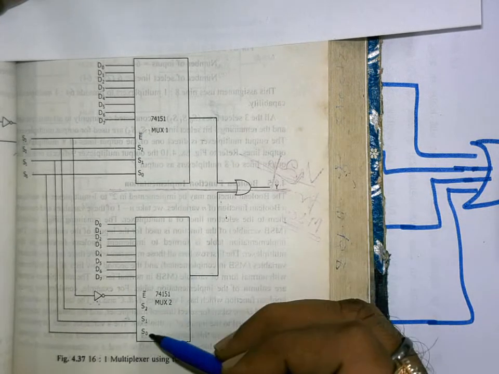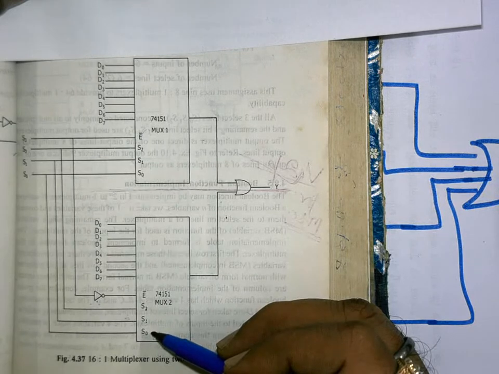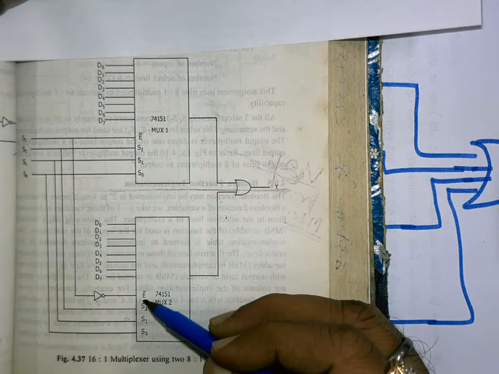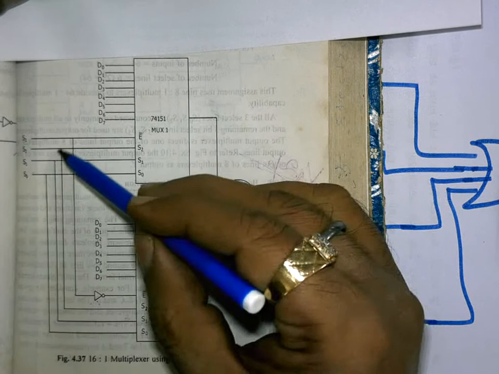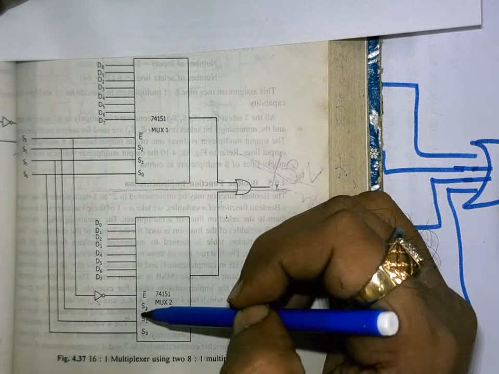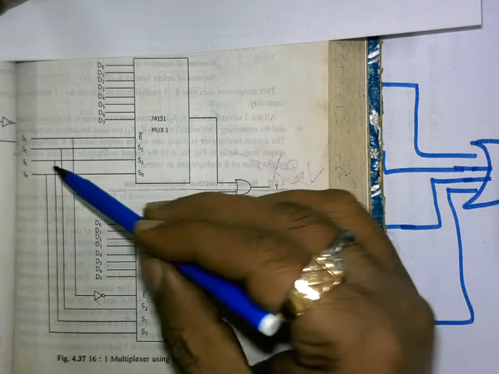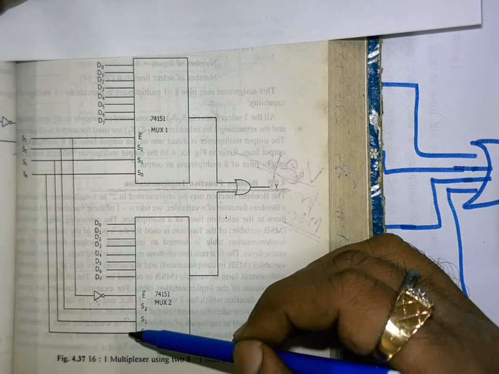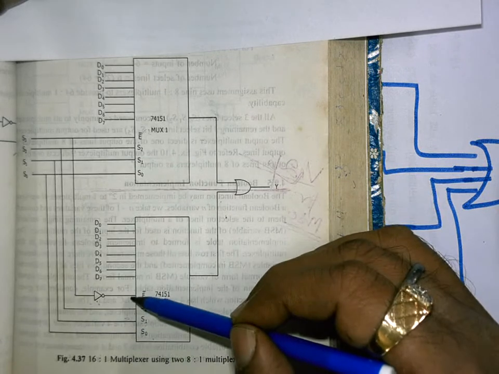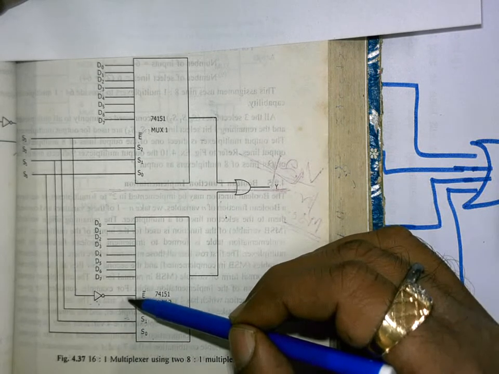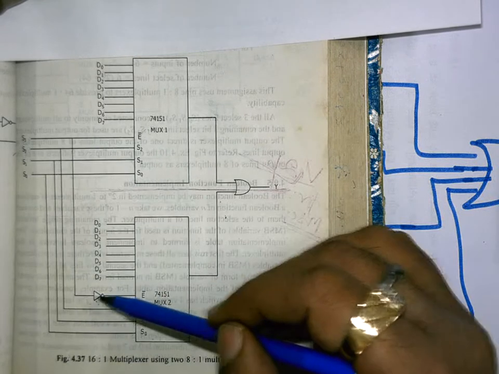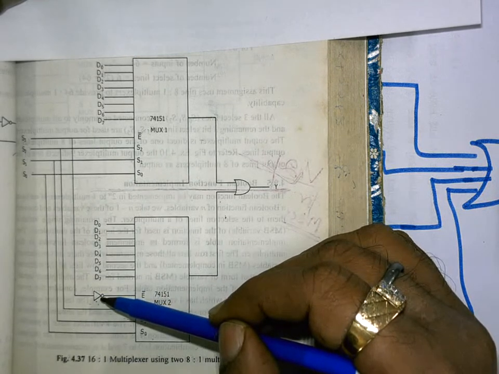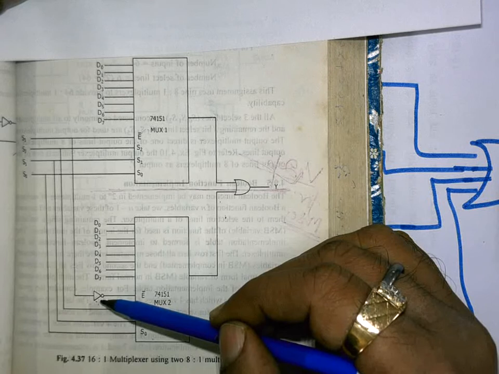And similar is this mux 74151, with 3 select lines and 1 enable line. So S2 is tagged with S2, S1 is tagged with S1, and S0 is tagged with S0. This enable line is tagged with an inverter in series, in the path.